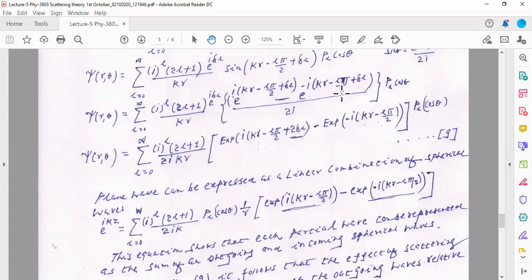There is already e to the power of i delta here, and again you have e to the power of i delta here. So that gives you e to the power of i, kr minus L pi by 2 plus delta plus delta, which is 2 delta, taking i common.